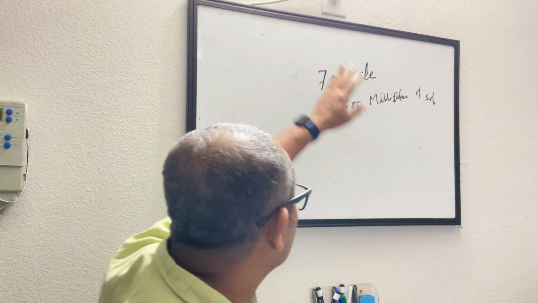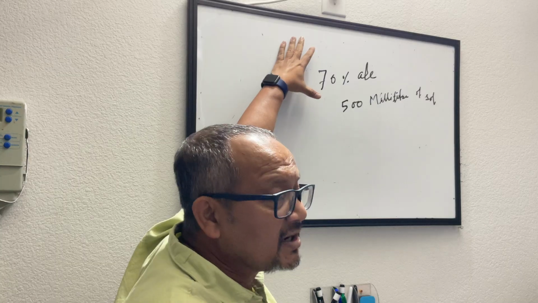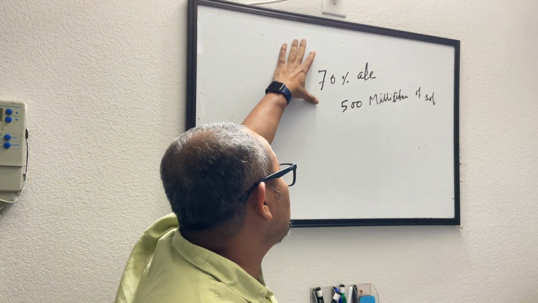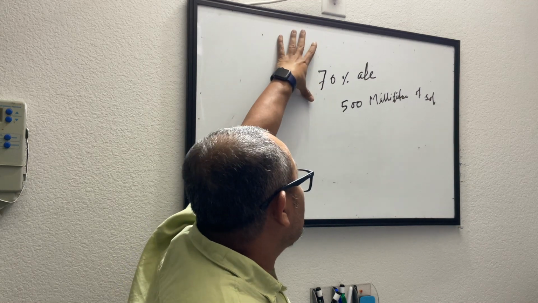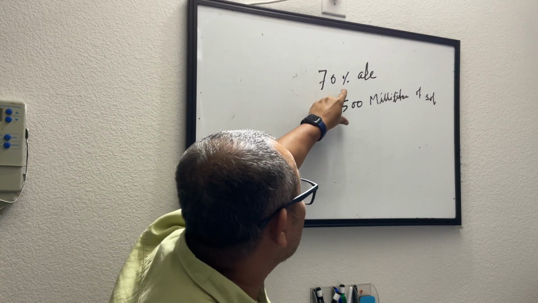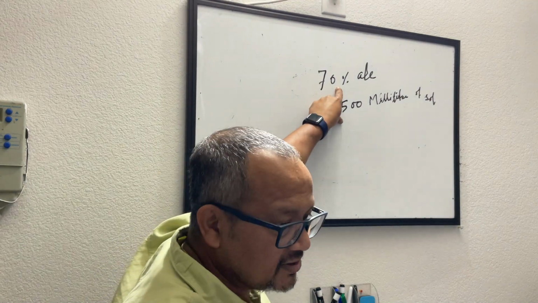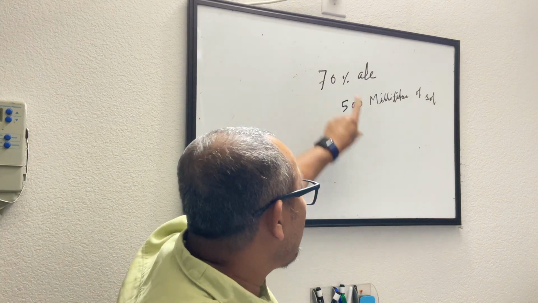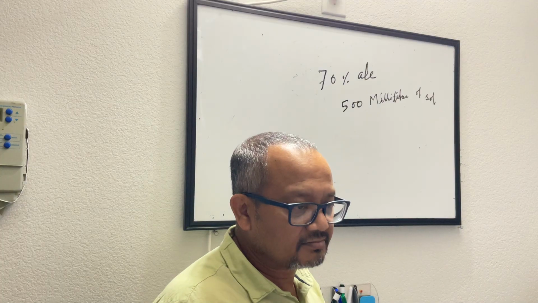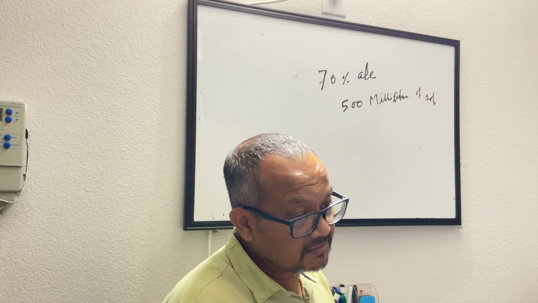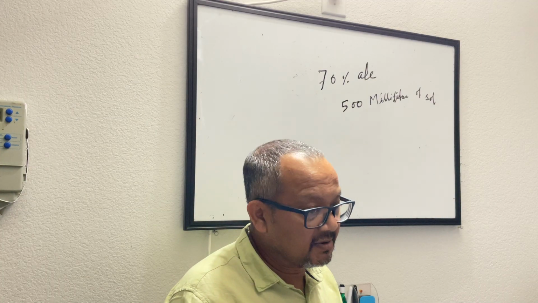I'm repeating the question one more time. Somebody bought a chemical solution that contains 70% alcohol, and the bottle that he got contains 500 milliliters of the solution. The question is, how many milliliters of alcohol are there in the bottle? Everybody heard the question?